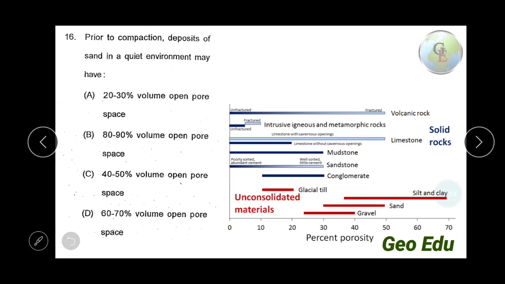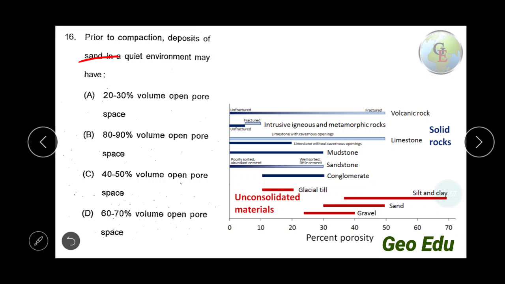Here I have given one table where the porosity of consolidated as well as unconsolidated rock, in percentage, is given. Prior to compaction means it is unconsolidated, not solidified.